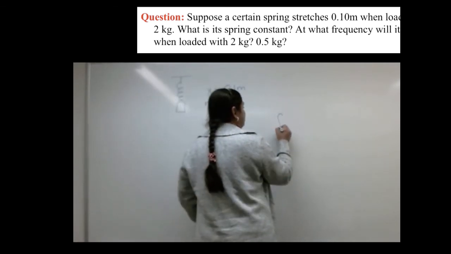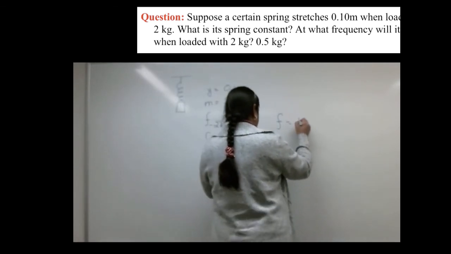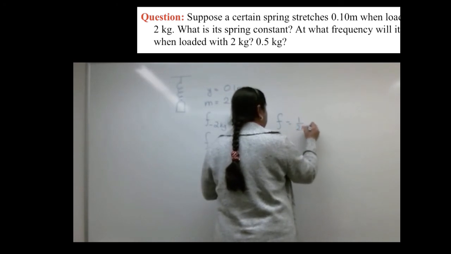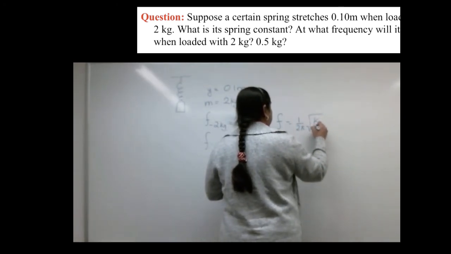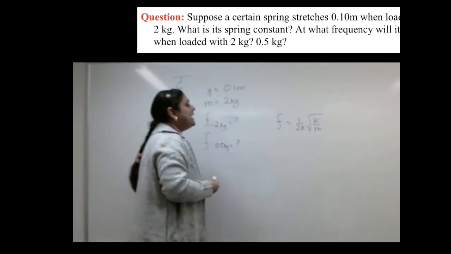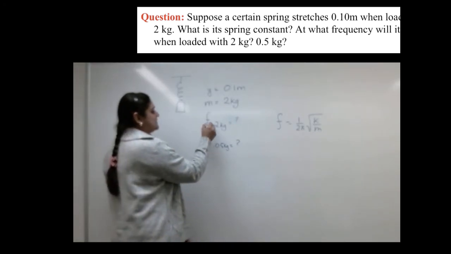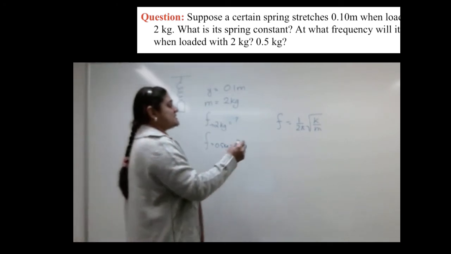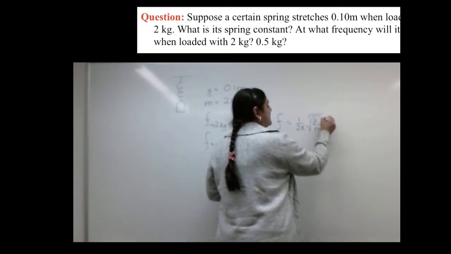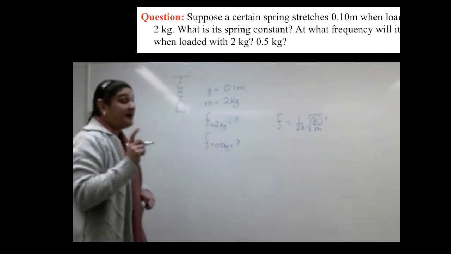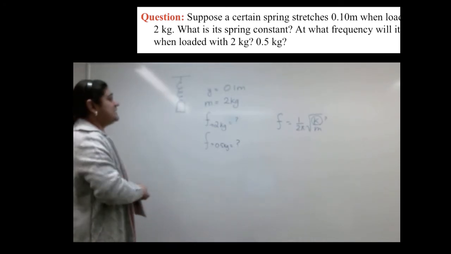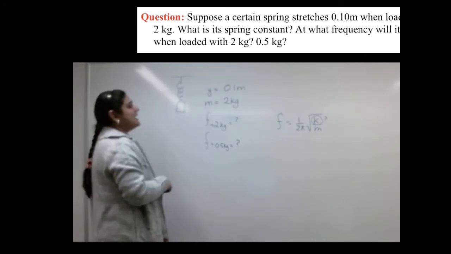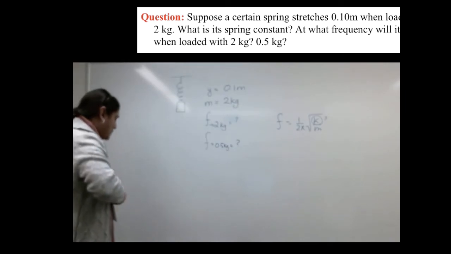My frequency is going to be 1 over 2 pi square root k over m. I have the masses I'm going to need, 2 kilograms and 0.5. The problem is I don't know the spring constant for this spring, but can I calculate it given this information? The answer is absolutely.